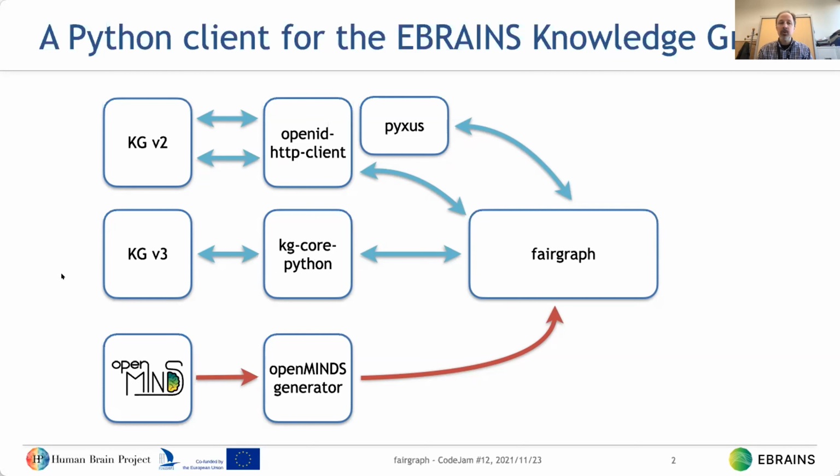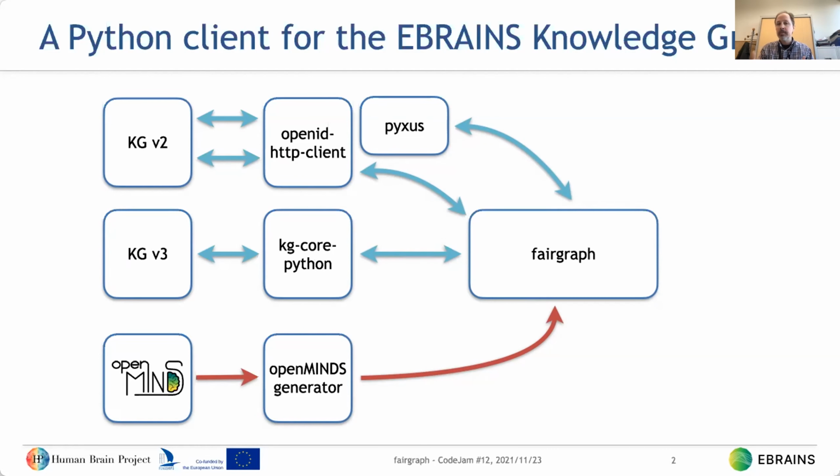Fairgraph also talks to the knowledge graph through this library from Oliver's team called KG Core Python. And for the time being, it's also compatible with the current version, presumably the old version of the knowledge graph, version 2, through a couple of other libraries from Oliver's team.